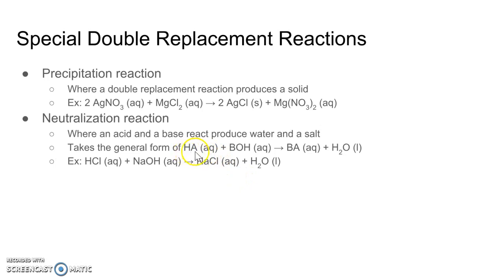Just to be aware of when you're looking for this, acids and bases, at this point, all you need to know is an acid would have something like this, where there's an H in front, and then there's some sort of anion. And a base would be where there's a metal in front, and then a hydroxide group at the end. There could be more than one hydroxide group, but it's just something to keep in mind.